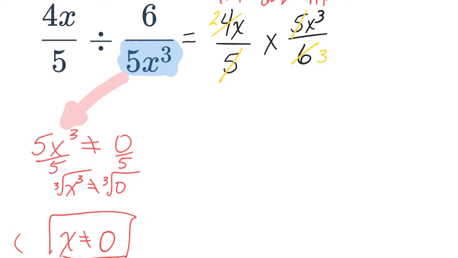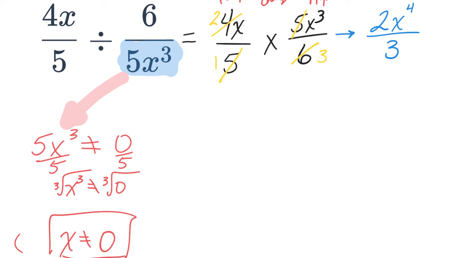So what I've done is I have simplified before multiplying. So my numerator ends up being 2 times 1, 2, x to the first times x to the third, which is x to the fourth. And my denominator will be 1 times 3, which is 3.